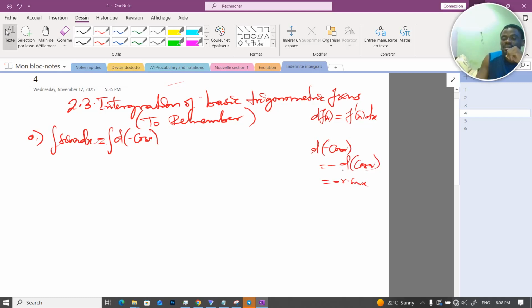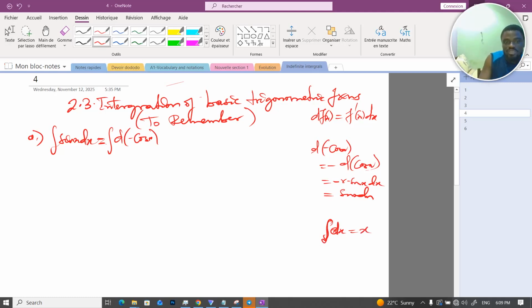Since I'm differentiating with respect to x, I write dx. This comes back to sine x dx. That's why I'm replacing sine x dx by d of minus cos x. Now, whenever you see the integral of d of x, it is simply equal to x.